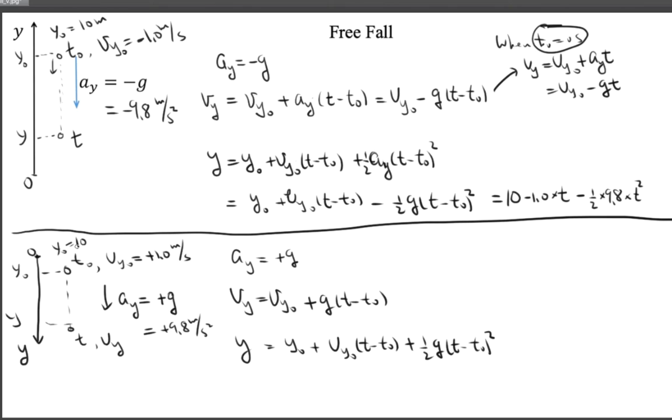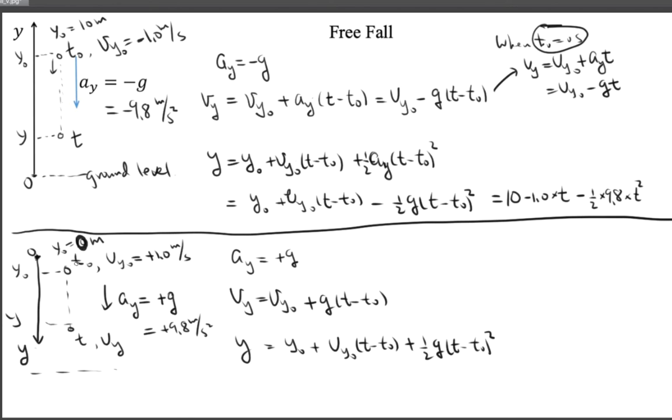Now y initial is a tricky one. It depends on the distance to the origin. Let's say the origin is 10 meters above the ground level, then y0 is going to be 0. In the previous case, we set the ground level at the origin, so that was the ground level. Now the ground level is 10 meters below, and the origin is 10 meters above the ground level, so we get y0 equals 0 here.